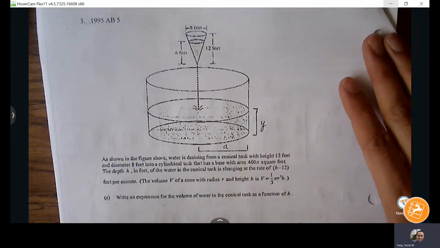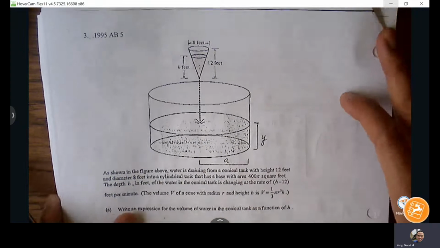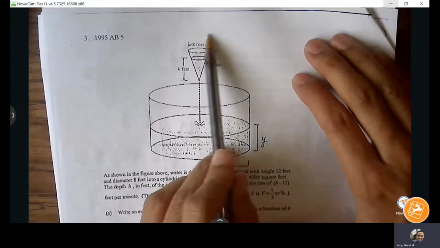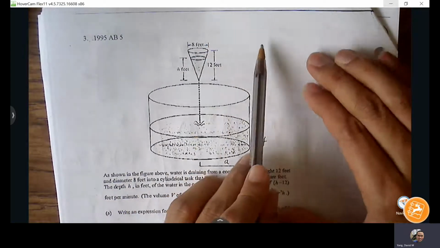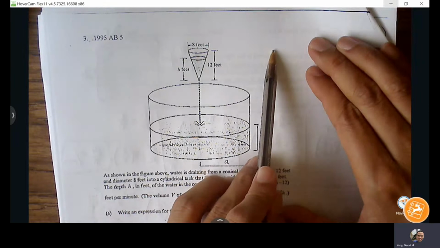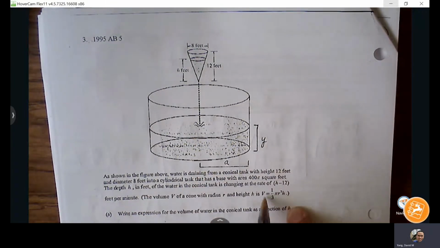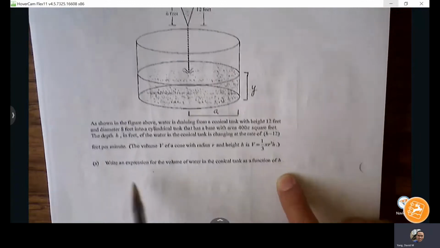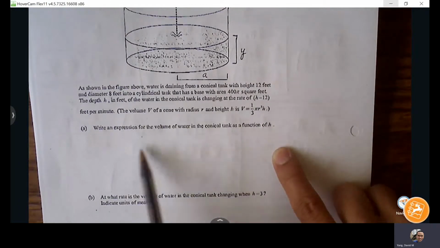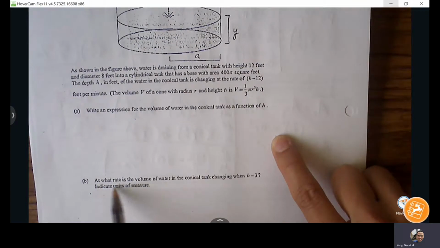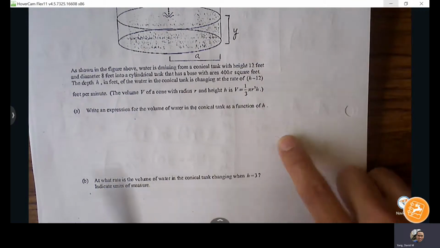So you have to go through similar triangles. Okay, so let's see if we can practice building our similar triangle, building that proportion relationship, and then replacing r so we can get our equation in terms of h. So part A, no calculus involved. We're just getting that volume equation set up. And then when we get to part B, then it's going to begin involving derivatives.